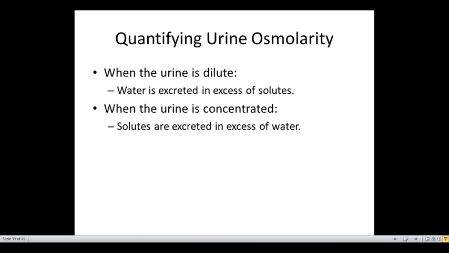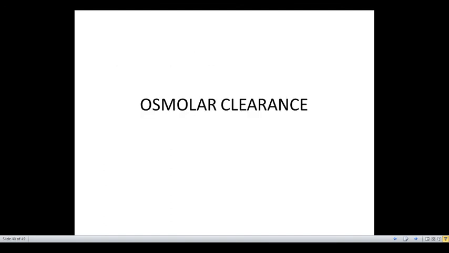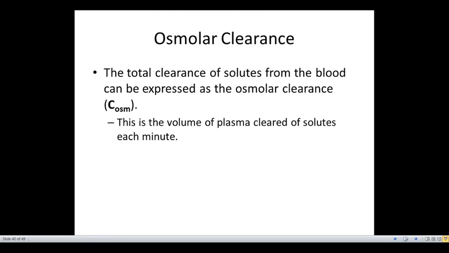So let's now study the osmolar clearance. The total clearance of solutes from the blood can be expressed as the osmolar clearance, COSM. This is the volume of plasma cleared of solutes each minute.